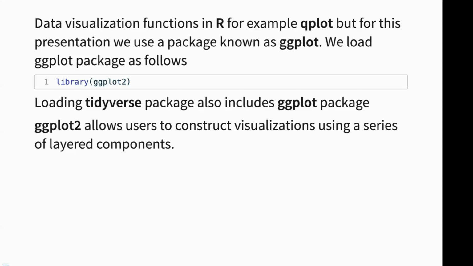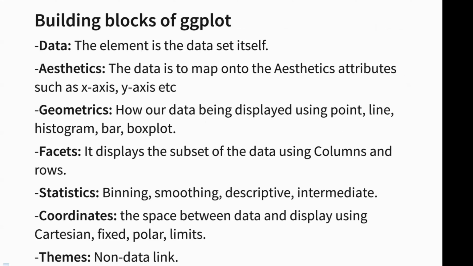And what do these layers include? One of the components, or what we'll be calling the building blocks of ggplot, the first one is the data. You must have a reference to the data set that is going to be plotted, the data set whose elements are going to be plotted. And in our case, we have the cleaned HIV data.xlsx. Okay.